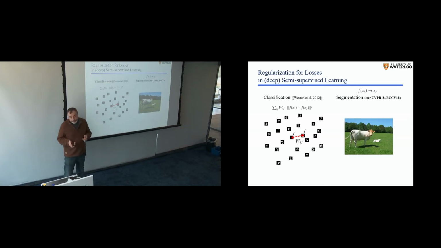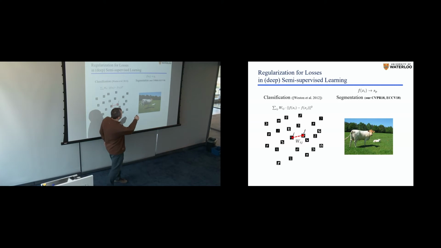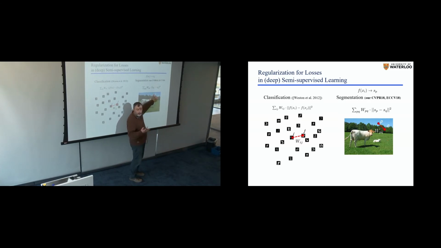What we do is, first of all, in the context of segmentation, I want to make sure it's clear: I'm switching from f of xi to this labeling function. So sp is for me the label of point p. That's the same function, the output of my segmenter. This is the kind of regularizer we use. For any pair of points, labeled or not, in your training data set, I introduce some kind of affinity measure, and you can use the same affinity measures as we were using in shallow segmentation.